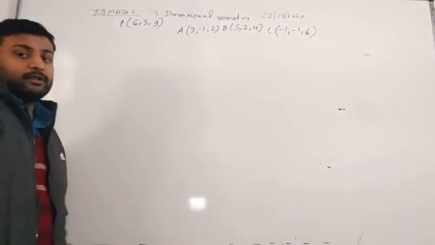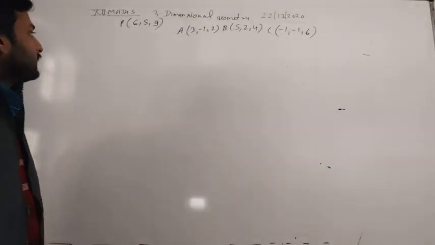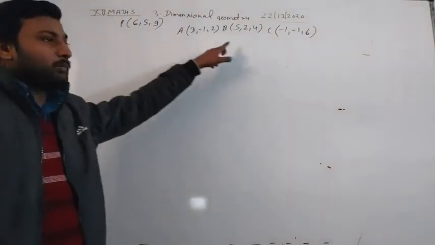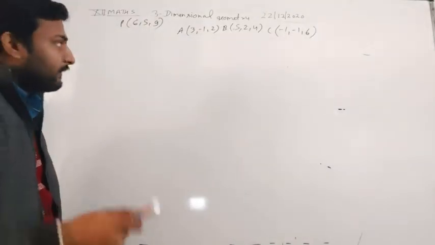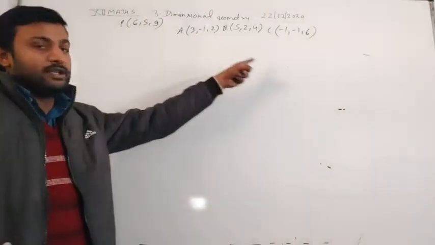So student, we have to find the distance of this point from this plane, which is passing through these 3 points. First of all, we will find out the equation of the plane passing through these 3 points.